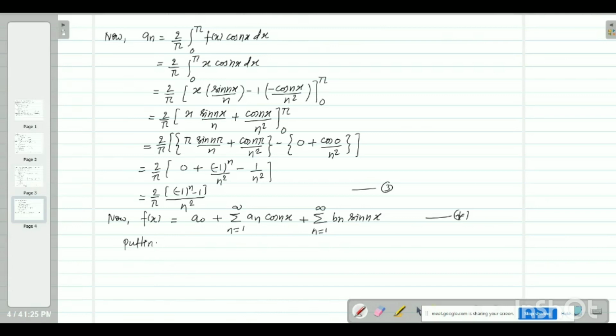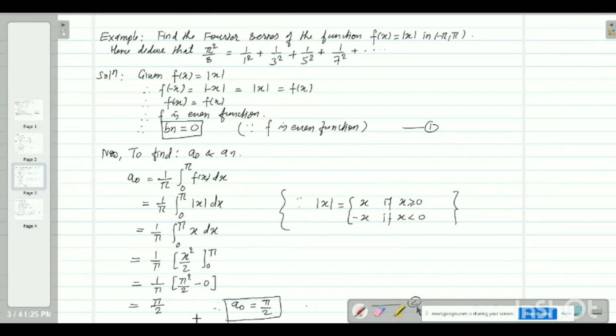Putting values of a naught, an, and bn in equation number star, we get f of x is equal to a naught, which is pi by 2. We obtained a naught as pi by 2.